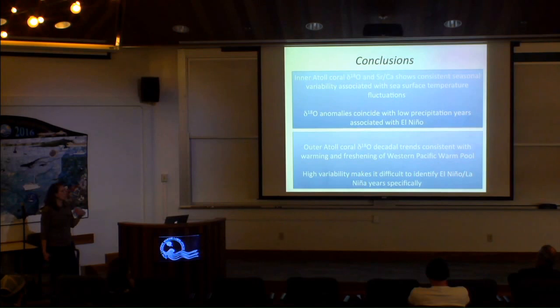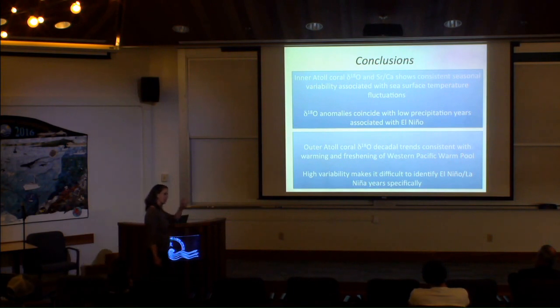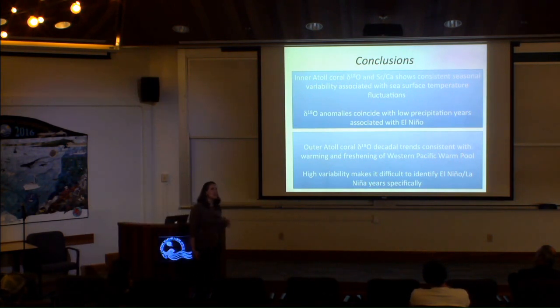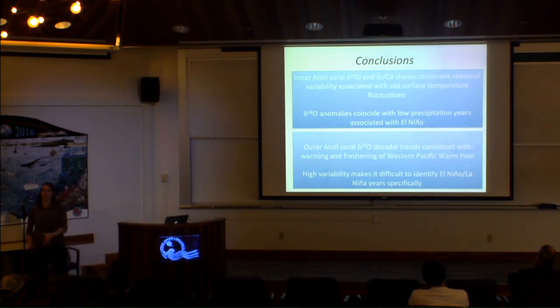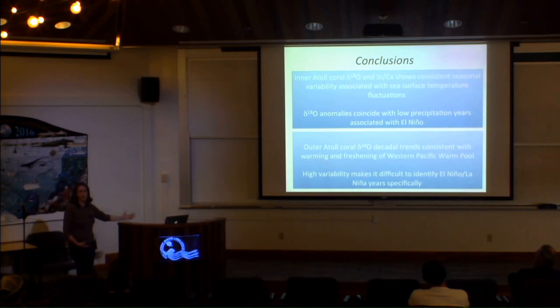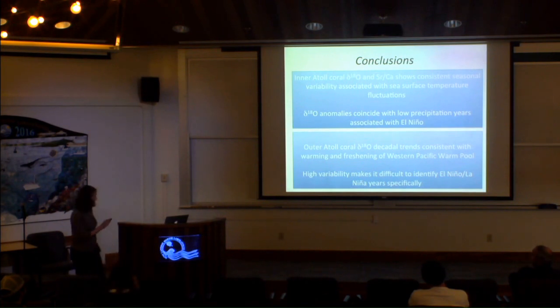However, because of the location, because the temperature fluctuation isn't really that great from season to season, the signal's extremely noisy. And if we were to use this to go back in time and reconstruct, pick out former El Nino years, it would be really, really hard to do with this particular record.